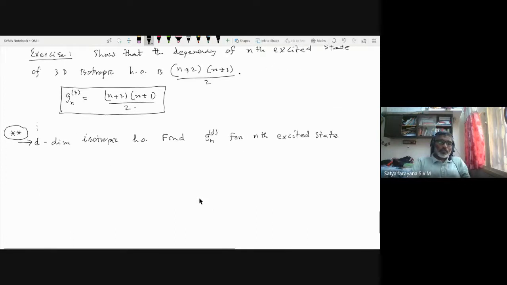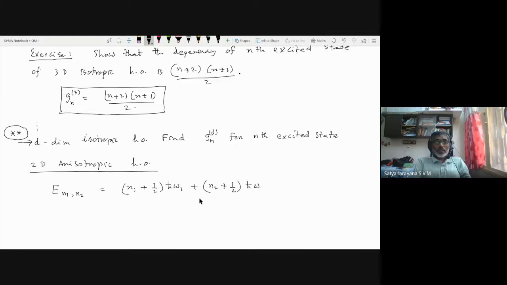For example, if you take a 2D anisotropic harmonic oscillator, then your energy eigenvalues E(n1, n2) are equal to (n1 plus half) h cross omega 1 plus (n2 plus half) h cross omega 2. Omega 1 is different from omega 2.